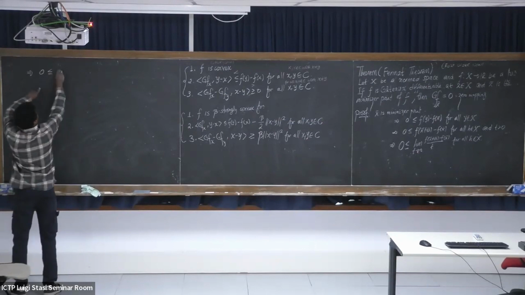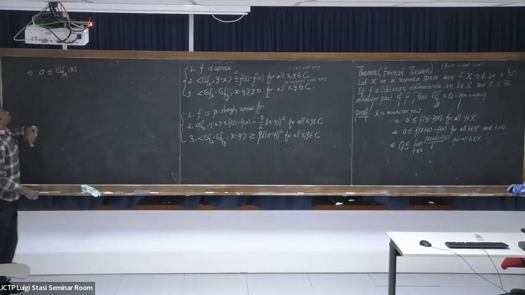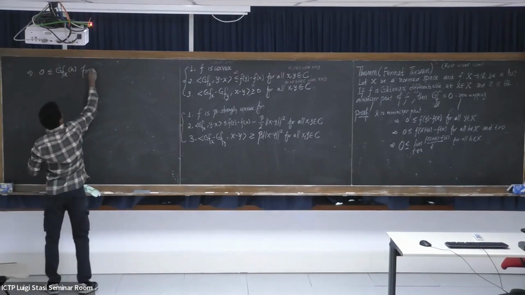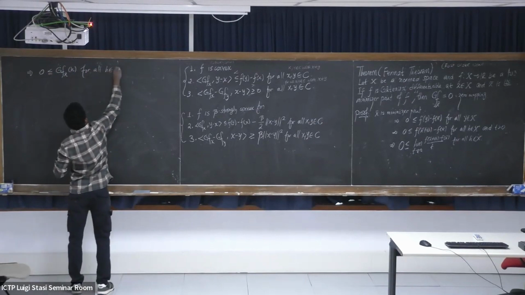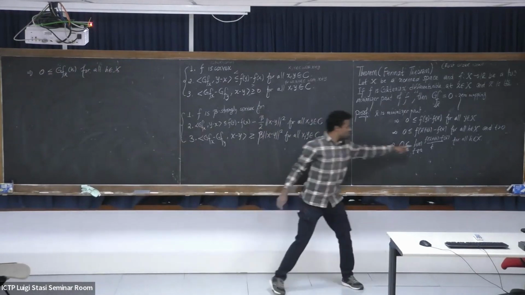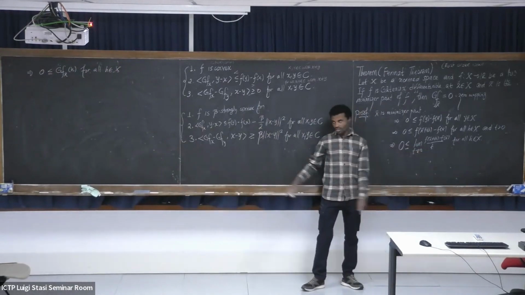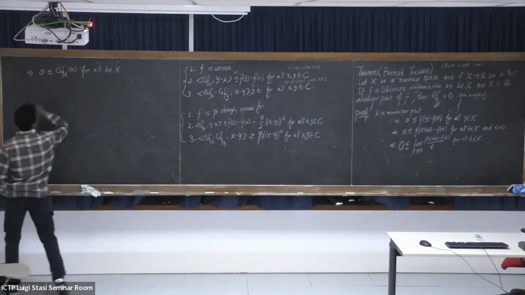But the limit is the Gateaux derivative of f. If the Gateaux derivative exists from this limit, then the limit is valid.